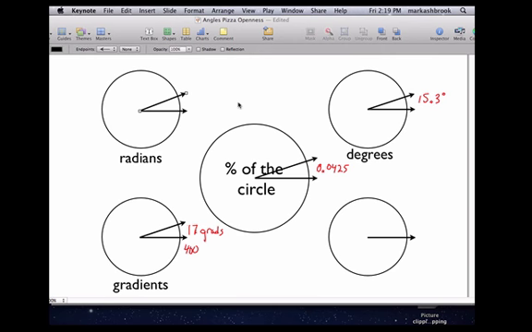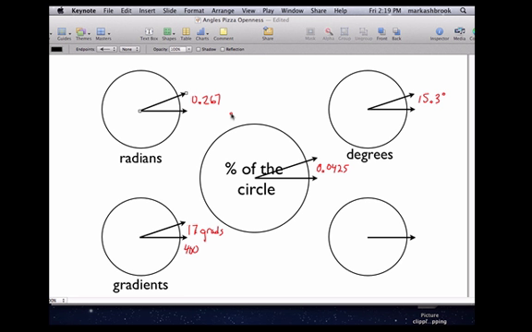So 0.0425 times 2 pi is 0.267. So a little over a quarter of a radian is the same as 15.3 degrees, is the same as 17 grads, which are all 4.25% of a circle.